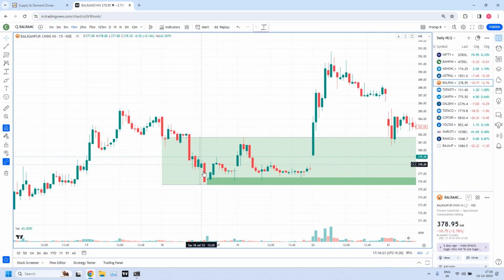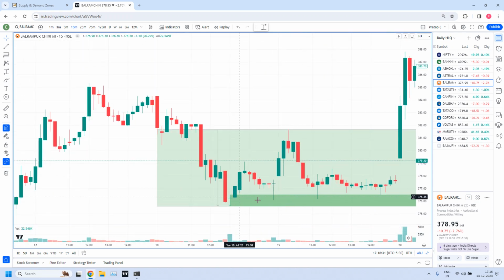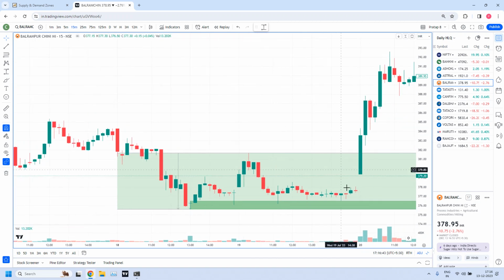See here, we have a drop, base, rally, and a follow through candle. See, the first time prices came, how it pushed the prices up. See the rejection. Again, next time, every time the prices are entering, the rejections are coming. Again, here, third time.